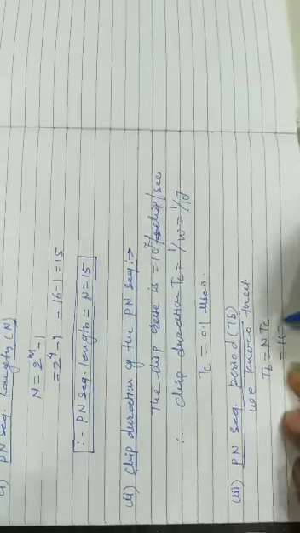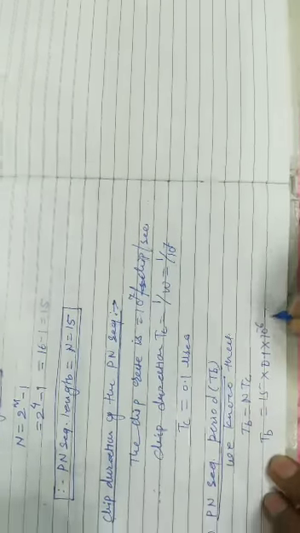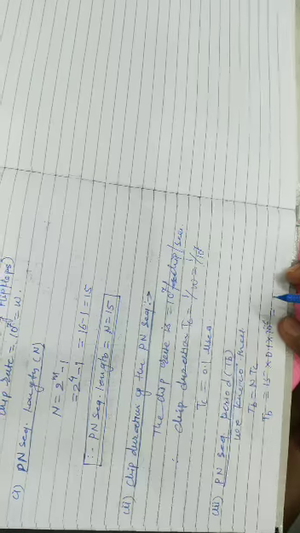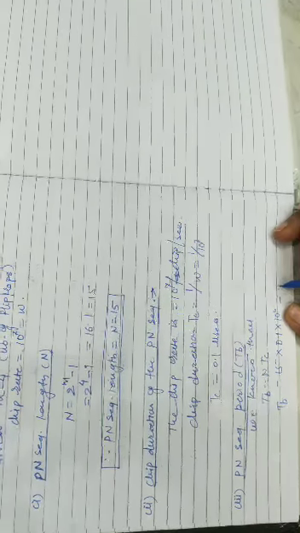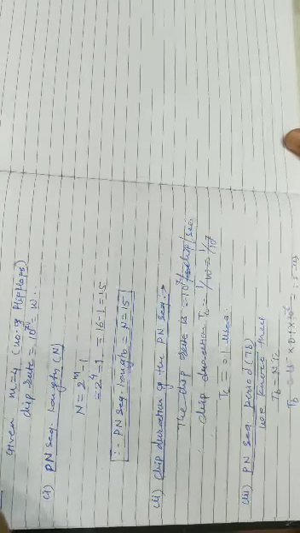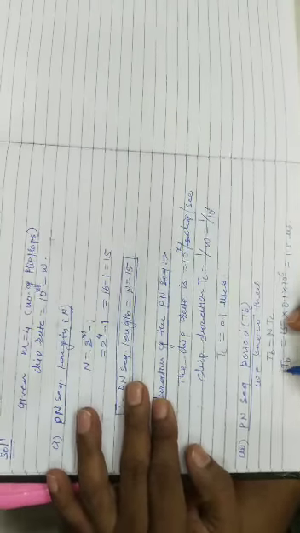Therefore 15 multiplied by 0.1 into 10 to the power minus 6 will give you the PN sequence period, that is Tb is equal to 15 into 0.1 into 10 to the power minus 6, which gives you 1.5 microseconds. That is the PN sequence period Tb.